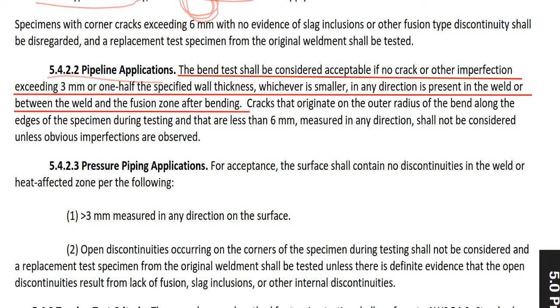Bend test shall be considered acceptable if no crack or other imperfection exceeding 3 mm or 1/2 the specified weld thickness, whichever is smaller, in any direction, is present in the weld or between the weld and the fusion zone after bending. So this sentence is right here.